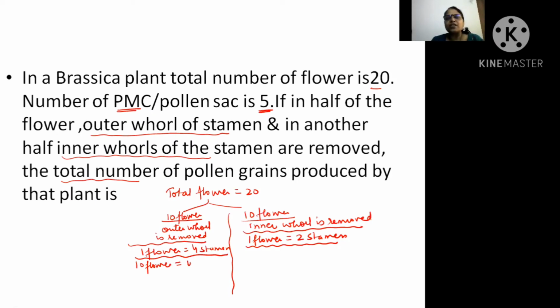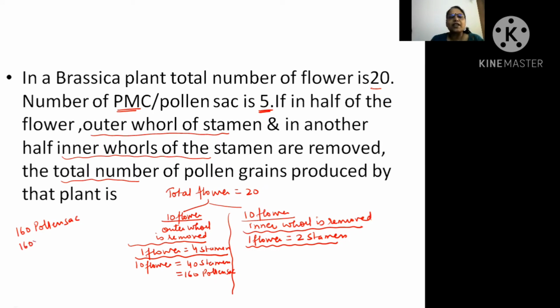will have total 40 stamen. Clear? And you know very well each stamen means 2 anther lobes. 2 anther lobes means 4 pollen sac. So it means 40 stamen means 160 pollen sac. 160 pollen sac, and they are telling 5 PMC are present per pollen sac. So I'm writing it here. Okay. So 160 pollen sacs are present. And each pollen sac is having 5.